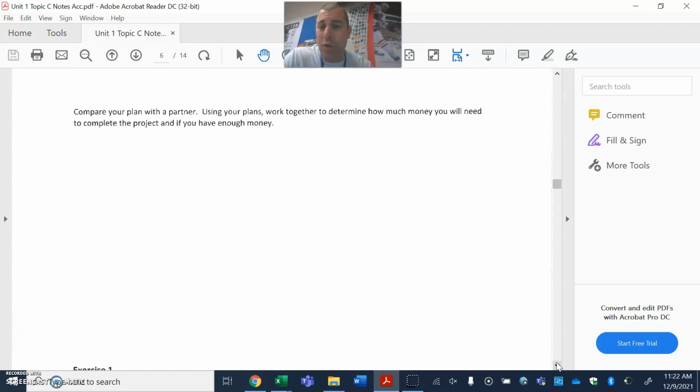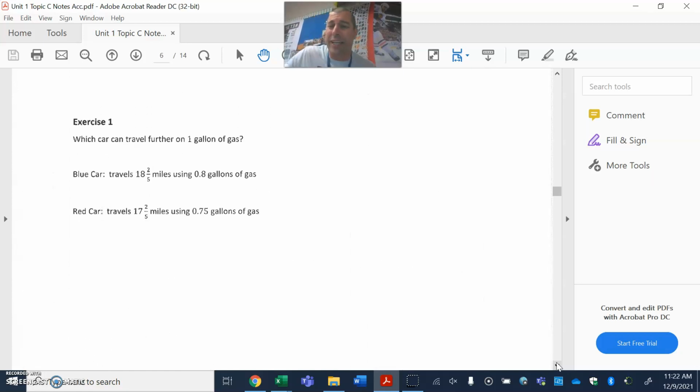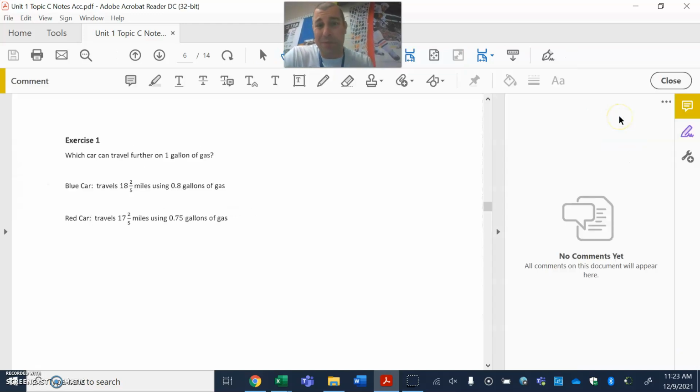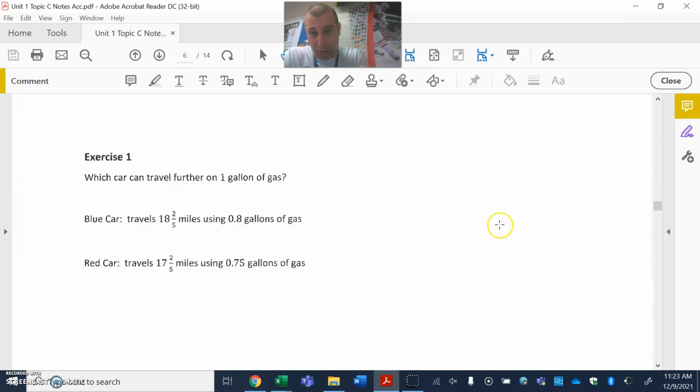So we're only going to be looking at this one right here. Which car can travel further on 1 gallon of gas? There's a key thing here: 1 gallon of gas. Because it's 1 gallon of gas, we're talking about unit rate, because we want to know how much it is for the 1.